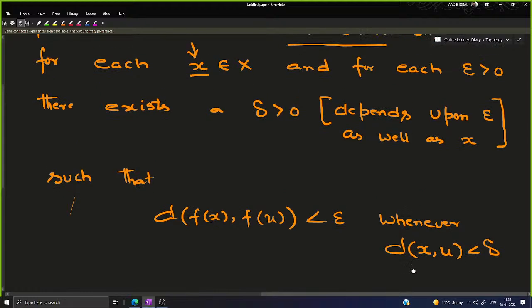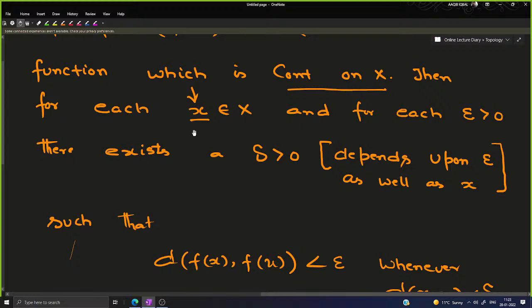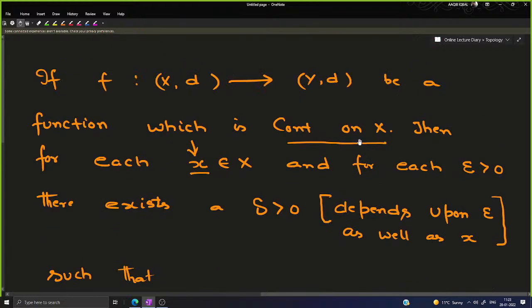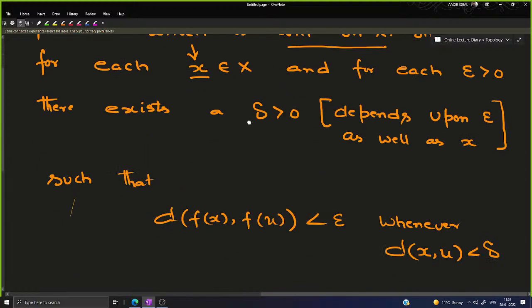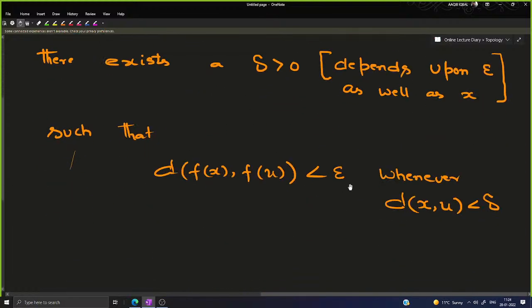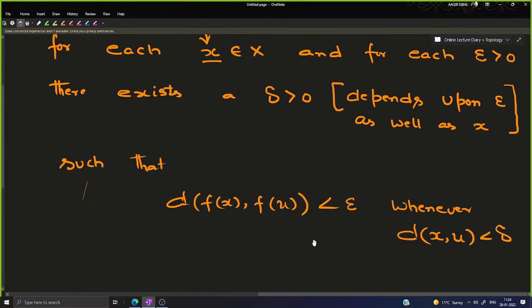And conversely, अगर आप ये कर सकते, then the function must be continuous at little x, and if you can do it for each little x, then the function must be continuous on the whole space X. Right? Because यही तो है ना criteria for a function to be continuous on the whole space. और ये हमने देखा है कि this epsilon delta criteria amounts to continuity. जब मैंने वो equivalent criteria वाली theorem आपको दिखाई थी, मैंने आपको दिखाया था उसमें कि this amounts to continuity.